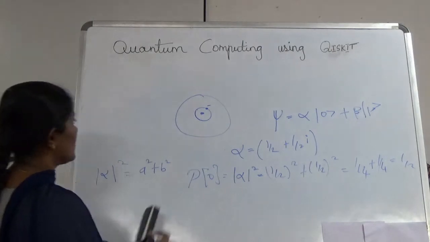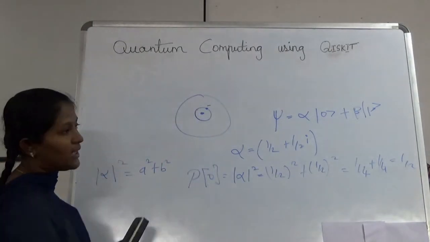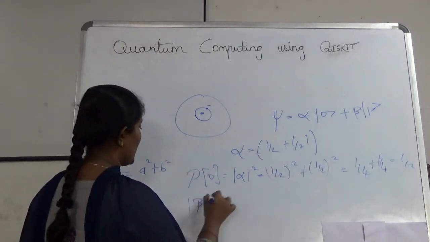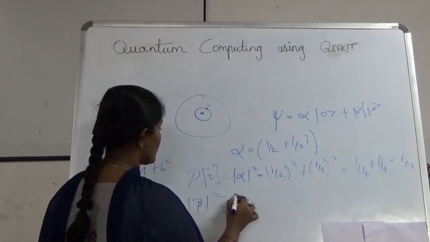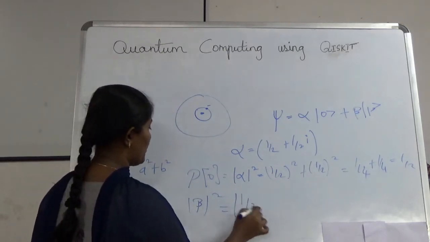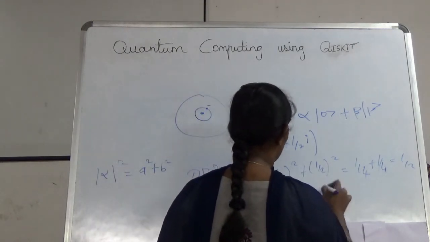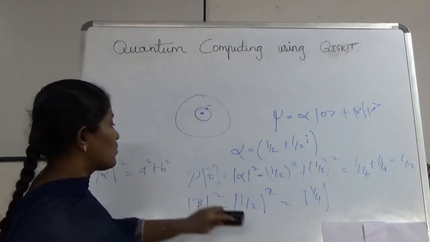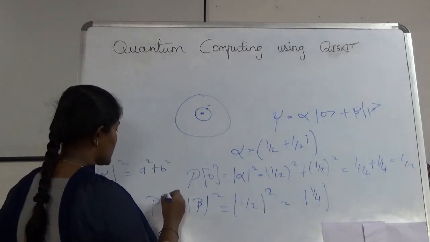So this electron has a chance to be in the zero state, that is, the spin down state. Likewise, if we take the magnitude of beta, for example if 1 by 2 is the value of beta, the magnitude of beta is equal to 1 by 4. So the electron has a 1 by 4 chance to be in the spin up state, that is, the one state.